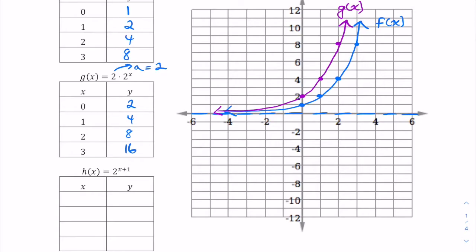Finally, for h of x, I didn't include x values here, but let's think about it. In this case, we have an h value of -1. That means we're moving everything to the left by 1 unit, so I'm going to take the x's in the previous table and shift them to the left by 1.